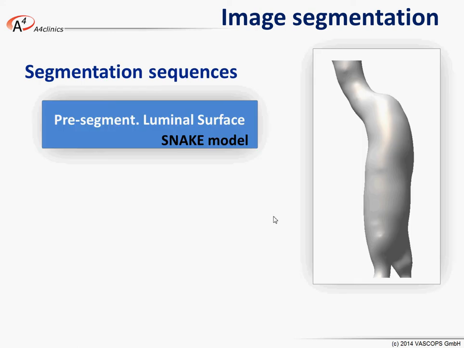Right. Now we're going to use this segmentation technique to derive a pre-segmentation of the luminal surface. That means slice by slice this 2-dimensional deformable model, also called snake model, is executed and derives a pre-segmentation of the luminal surface.